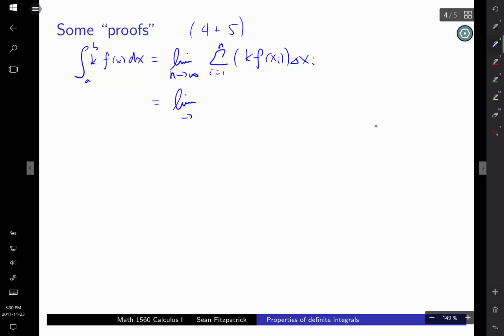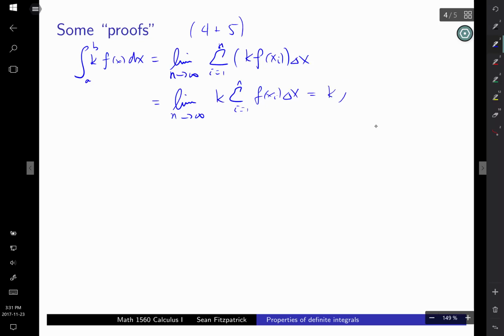Oops, that n looks a little bit too much like an h. So the limit as n goes to infinity of k times the sum, i going from 1 to n, of f of xi delta x. We're using a uniform partition, so we don't need the i on delta x here. But then, of course, we also know that you can pull constants out of limits.